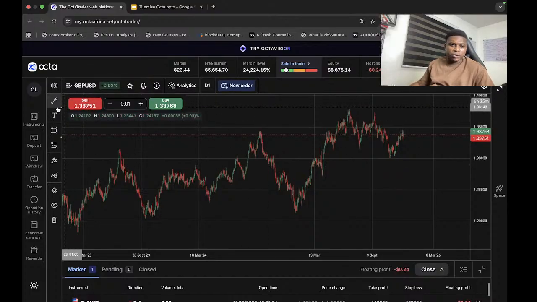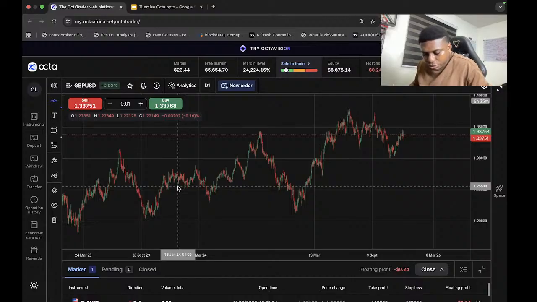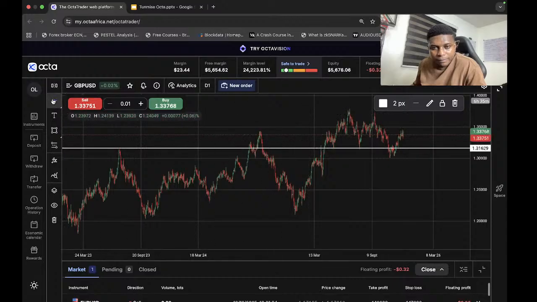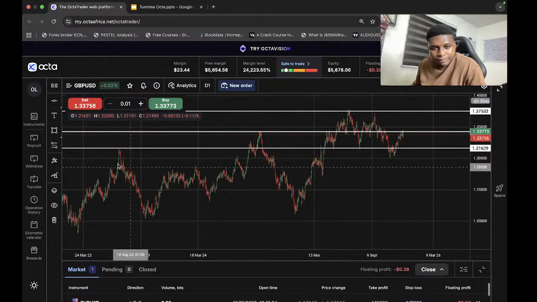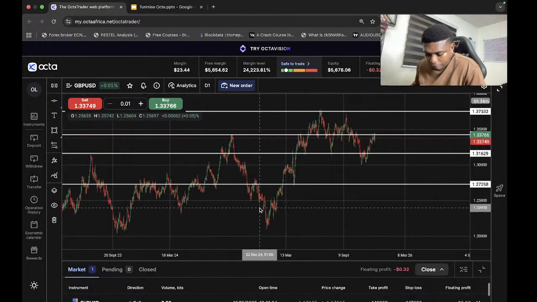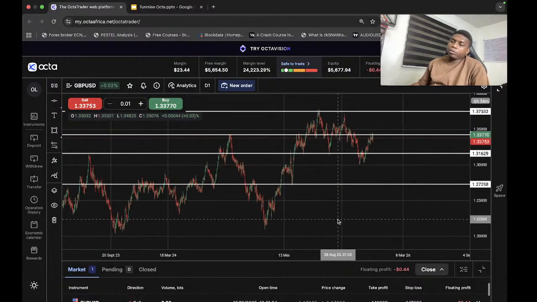Okay, now we've been able to map out levels of support and resistance, following what the market structure is. All right, good.